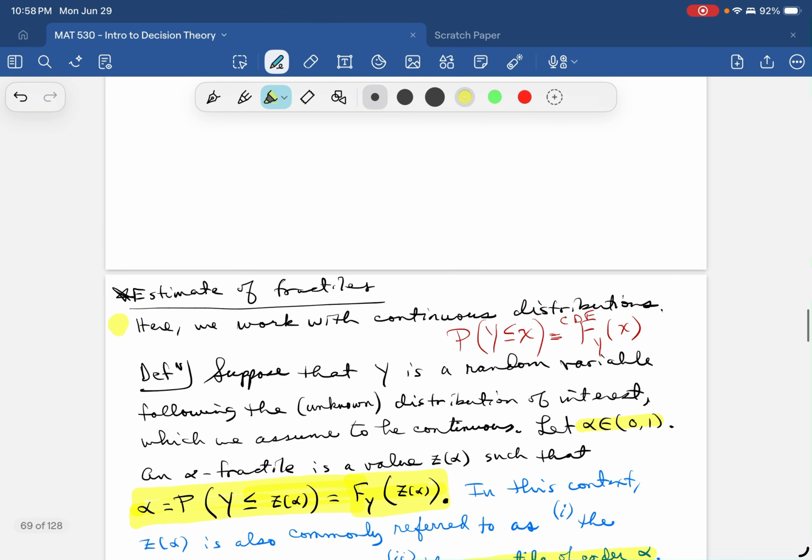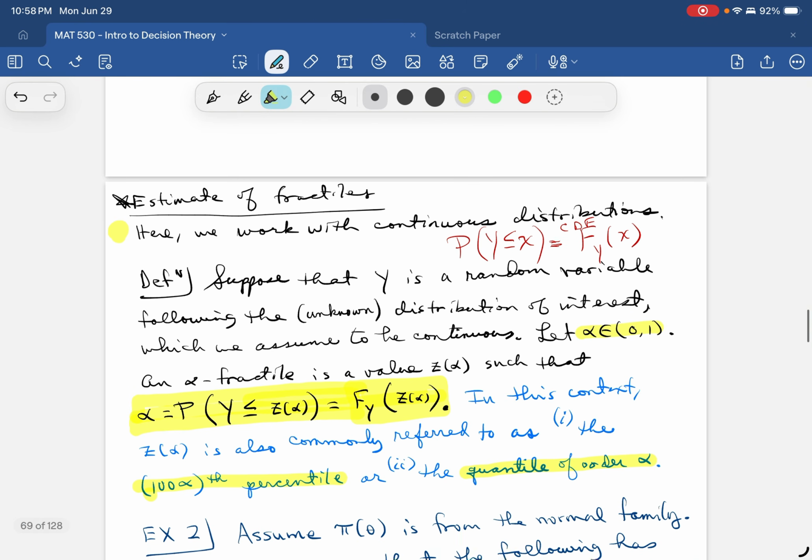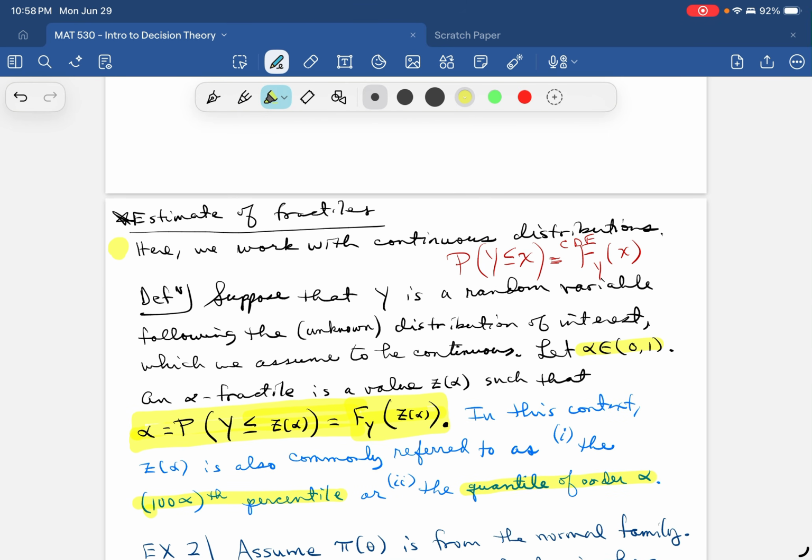So here we're still working with continuous distributions. And let's suppose that y is our random variable, as you see there, which we assume follows this unknown distribution of interest. Then we're going to let alpha be some number between 0 and 1. Then an alpha fractile is a value which we will denote little z sub alpha, such that alpha is equal to the cumulative probability of y at z sub alpha.